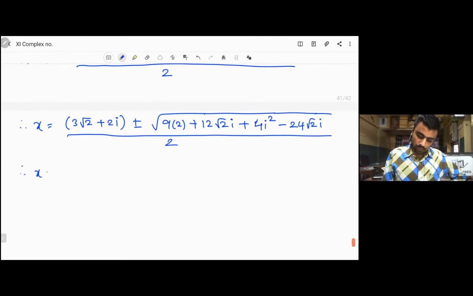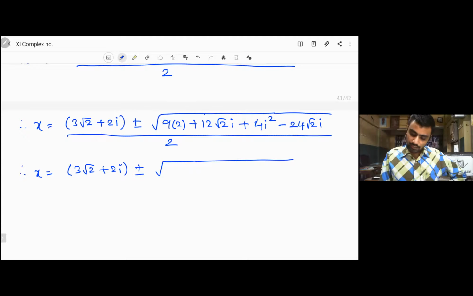So x equals 3√2 + 2i plus or minus under root. This is 9 into 2, 18, plus, now see, this is 12√2i, this is minus 24√2i. Both are like terms, like terms means same type of terms, so they can be solved.